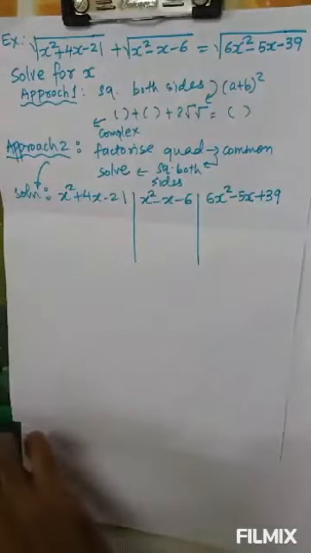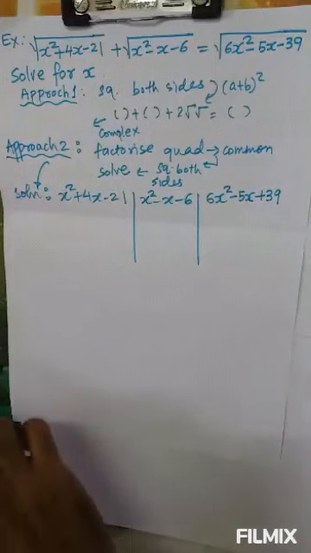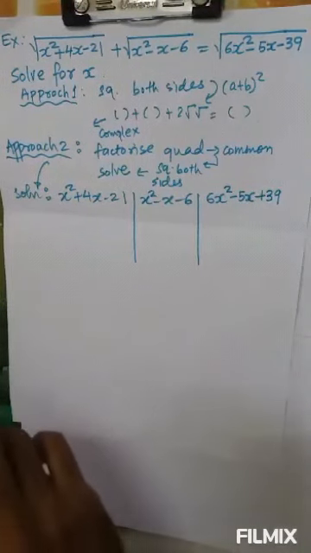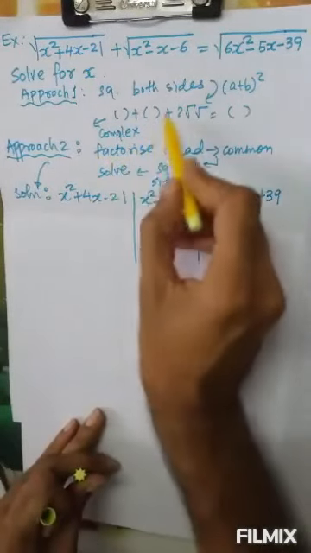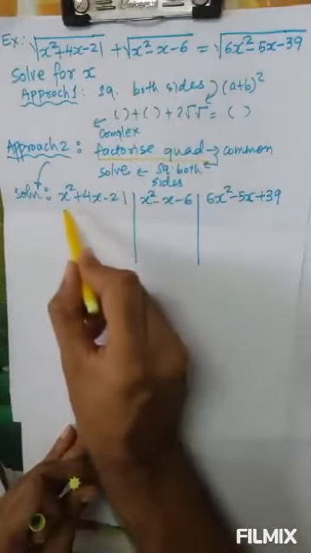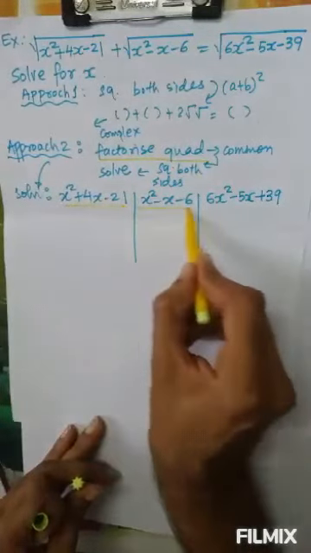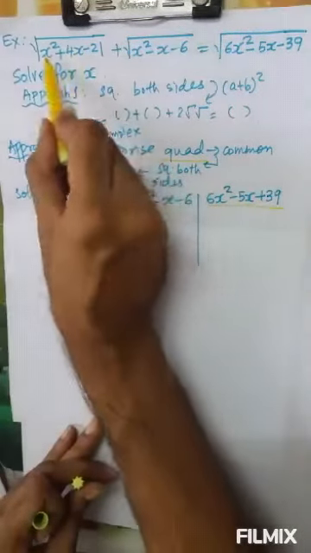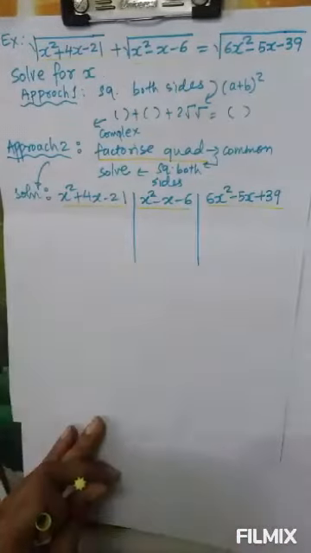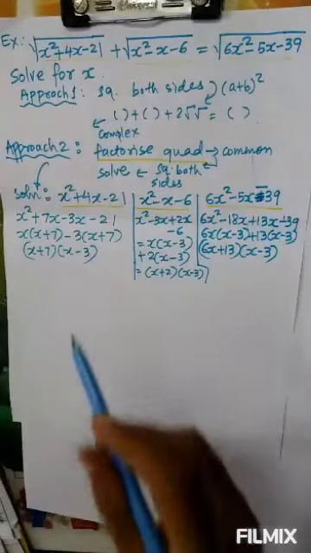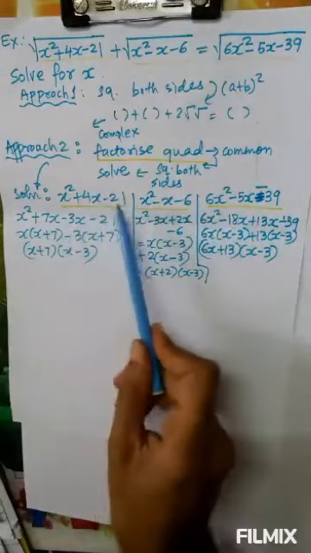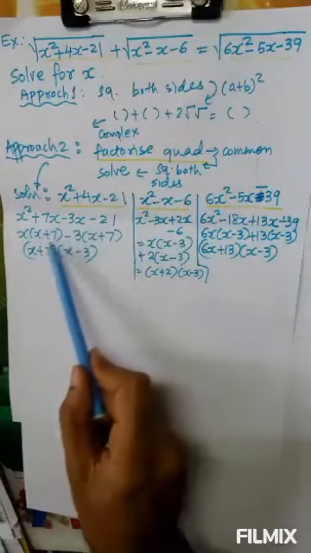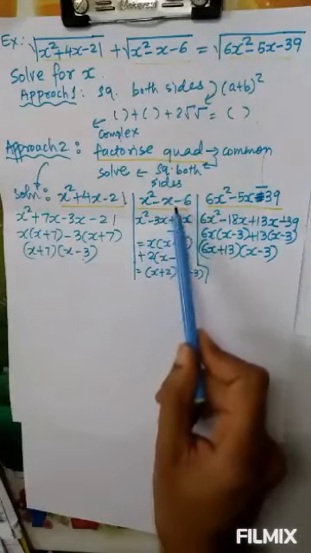So as I said, we will use this approach by factorizing the quadratic. You will factorize these 3 quadratics which are given inside this question. If we factorize them, for 21, 7 and 3, we get x plus 7 into x minus 3.